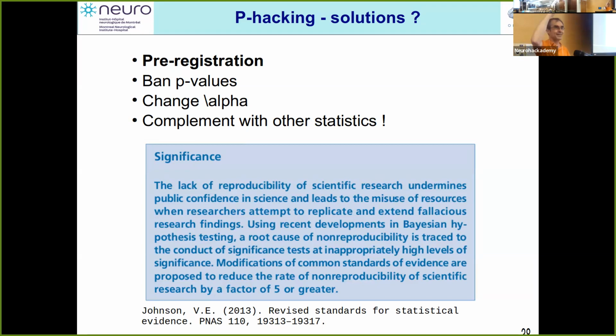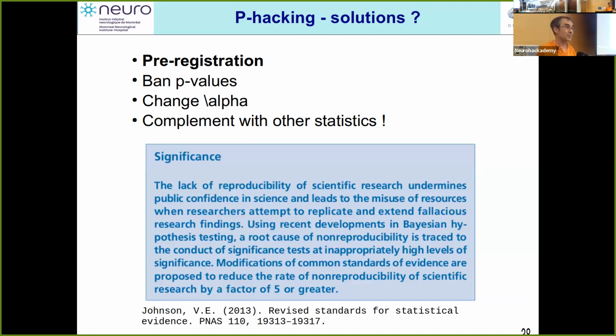You have the recipe for exactly how you want to do things, and even if you don't publish that pre-registration, it's an excellent way of thinking over what you're going to do and not doing some p-hacking. And p-hacking could also be pipeline hacking at some stage. You're trying many pipelines of different processing or things like that until you find something. So I think that was some of a solution to the problem.